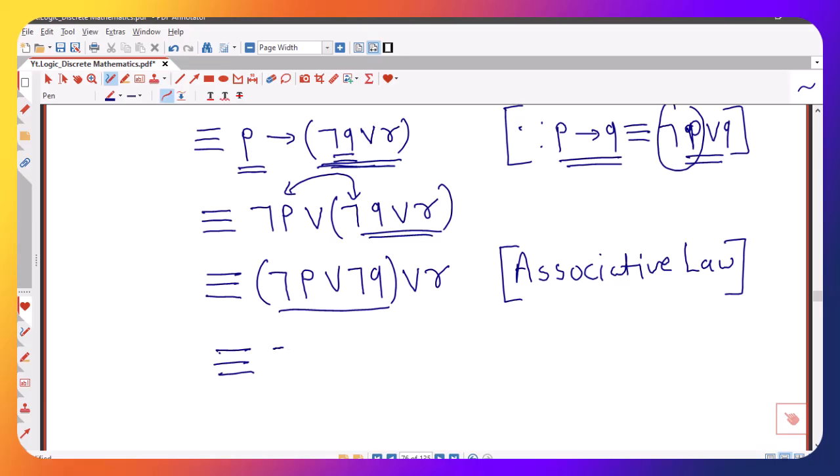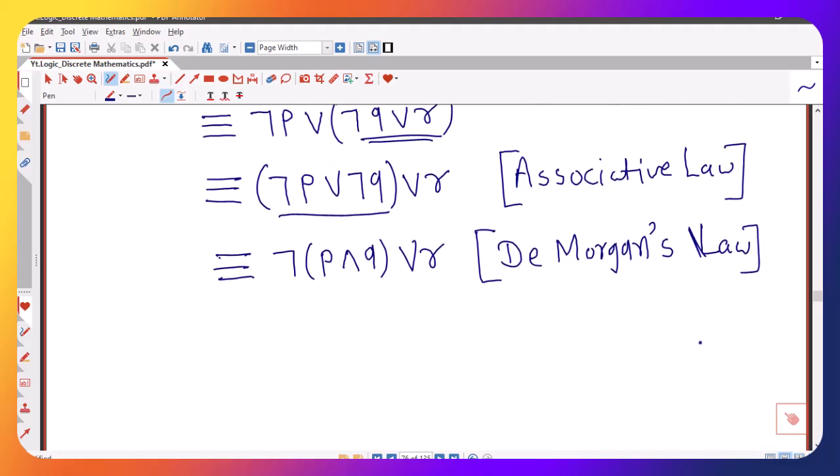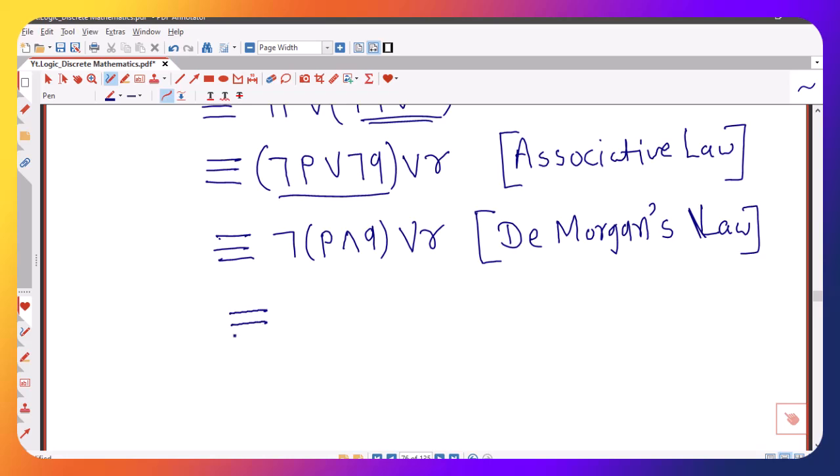So I am applying De Morgan's law now, negation of (P and Q) or R. And now you can see this is nothing but (P and Q) implies R.